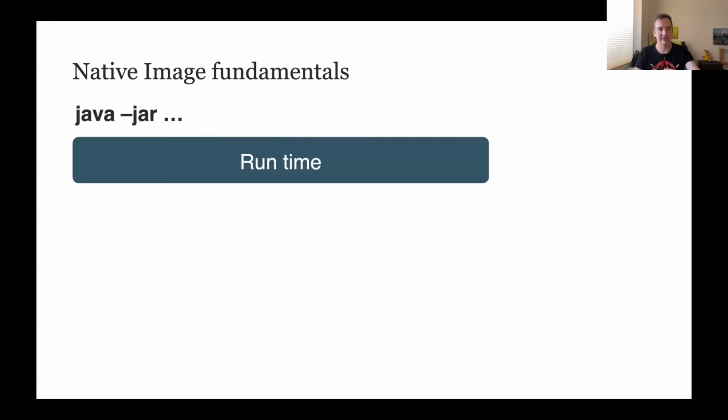One of those is that when we run our application on the JVM, normally using Java with the JIT, whether this is GraalVM with the JIT or any other JDK that you're using, you run your application and there is the runtime phase. During the runtime phase, in the beginning, there on the left, there's the startup where the Java virtual machine starts and does whatever initialization it needs to do, and then it starts executing your application.